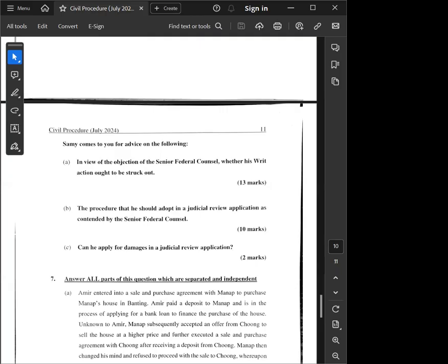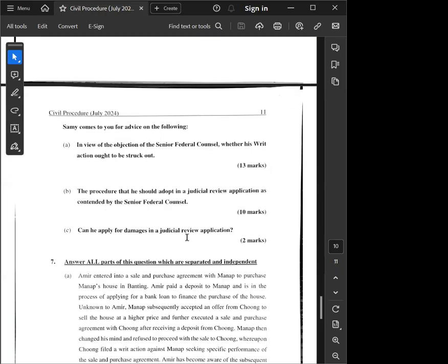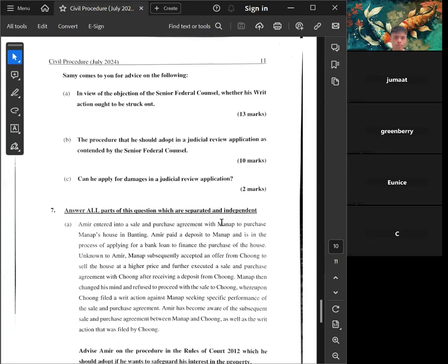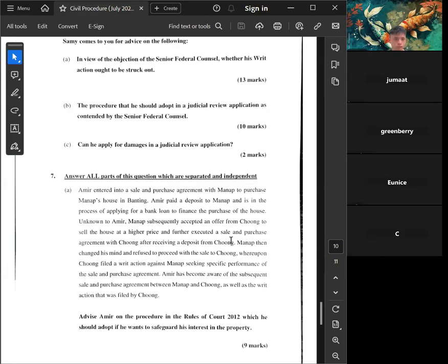Yes, it can be claimed, because this is given in Order 53, Rule 5 sub 1. If you flip to that rule, you can see that the damages, if included in the statement in support during his application for leave, are allowed. Okay? Does anyone have questions? Okay.